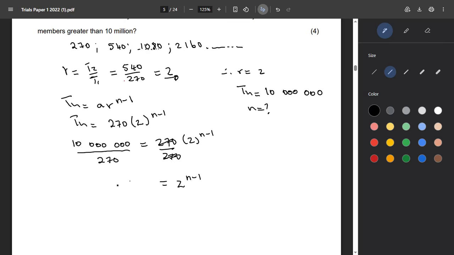Let's try to avoid rounding off. Can we please leave this as 10 million divided by 270? Let's just leave it like that.